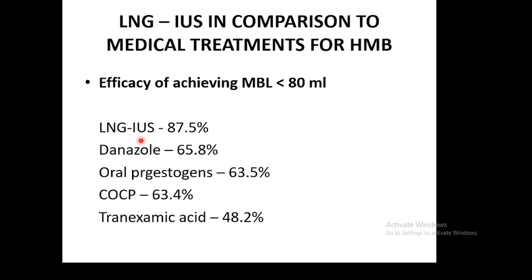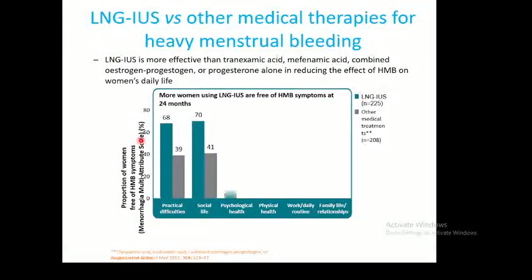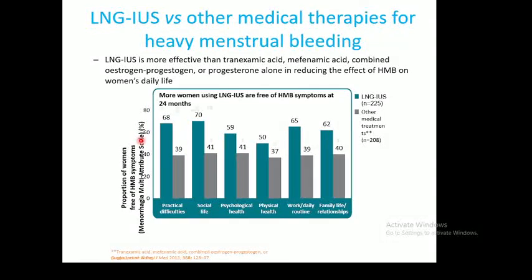Oral progestogens, 63% reduction. COCP again almost the same. With tranexamic acid, which is non-hormonal, the reduction is around 48%. So LNG-IUS is the best treatment for functional AUB. This is the evidence.